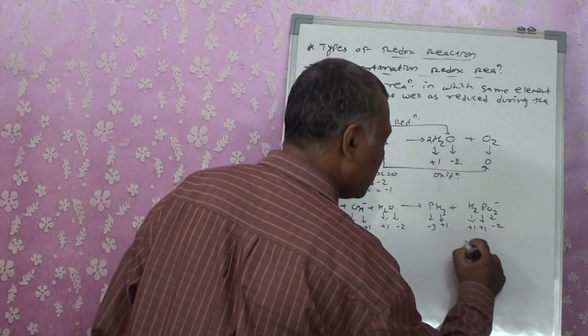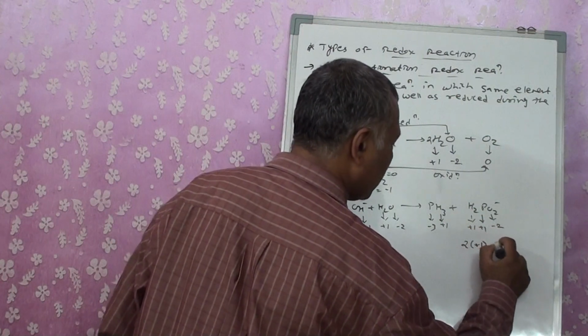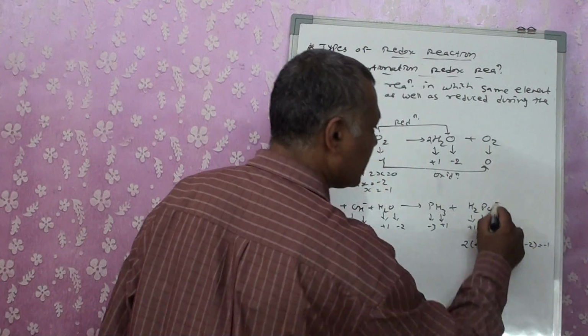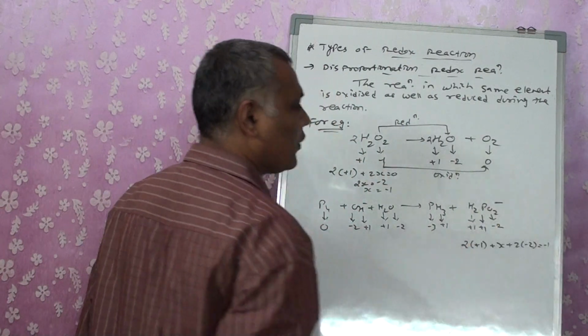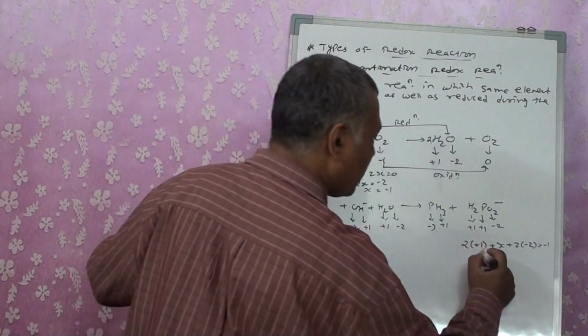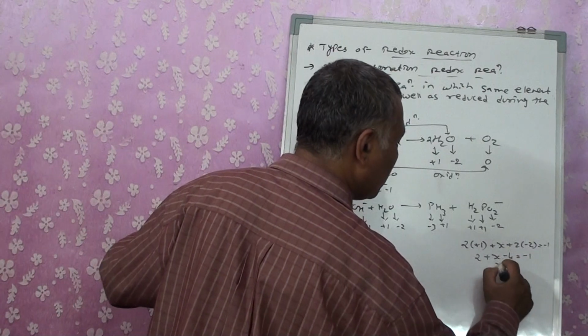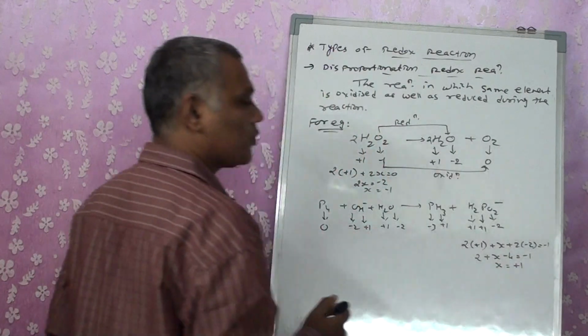If we put 2 into +1 plus x plus 2 into -2 equals -1, because we wrote the charge over here, we get 2 plus x minus 4 equals -1, so x equals +1.